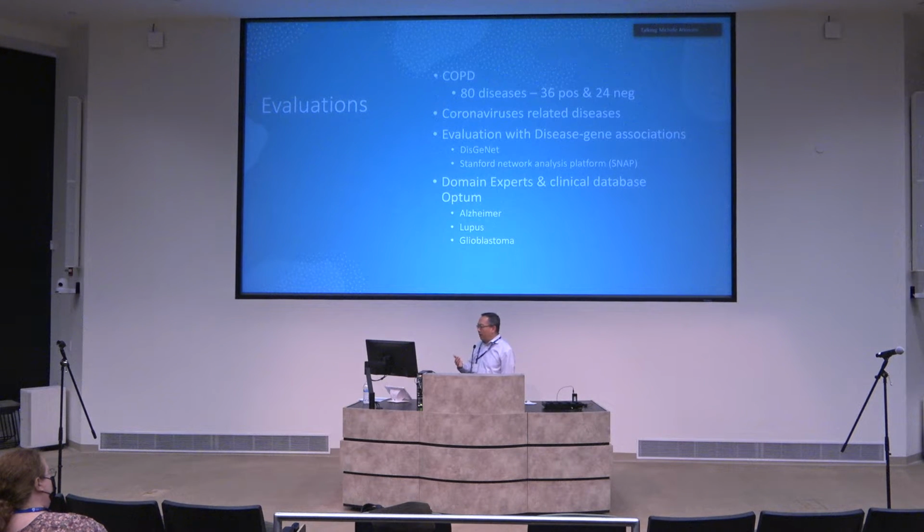And for most of them, we reached an AUC of over 85%. So we are also working with domain experts on several other diseases like Alzheimer's disease, lupus, and glioblastoma.